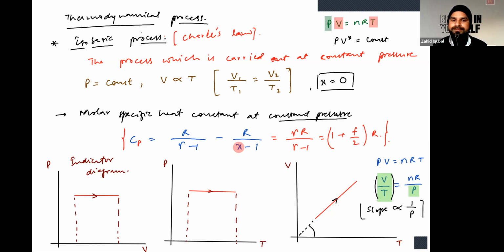Is it clear? Yes, sir. First, write it down till this part.